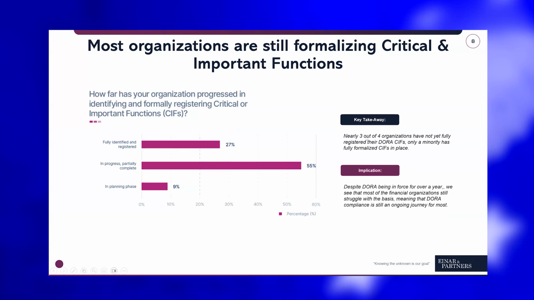As a matter of fact, what the research is showing, still in the year 2026, again, this is very, very fresh research here, is that 3 out of 4 organizations have not yet fully registered the DORA critical or important functions, and only a small minority actually have them fully formalized in place. So the implication being basically that despite DORA being active for such a long time, we still see that organizations and financial institutions are actively working on this.